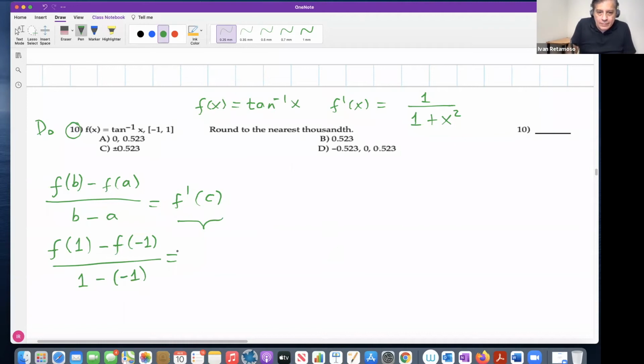Maybe we can just write it so to facilitate your computation, to solve this for C. Hint, you're going to be dealing with a C squared. So when you take the square roots, make sure you are taking the positive square root, but also the negative square root, right? Both square roots must be considered.